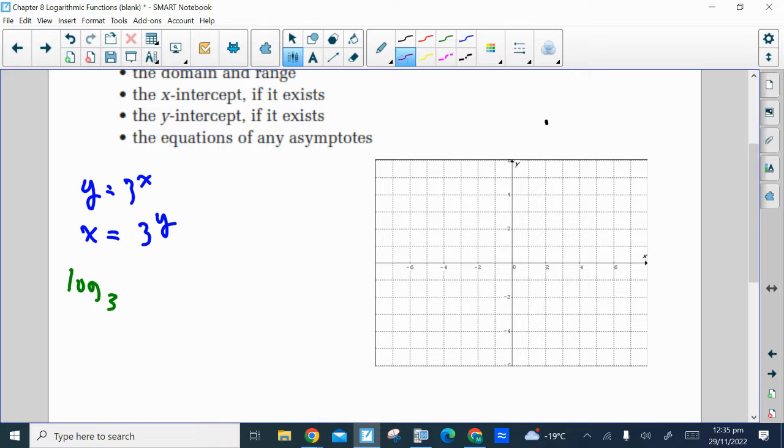And to get the order that the other pieces go in, like we saw yesterday, we'll start with the base and cycle through. So after the base of 3 comes the letter x equals y. When you start with the base and cycle through, it tells you the order that the other pieces are written in. And now we have the equation with y by itself.